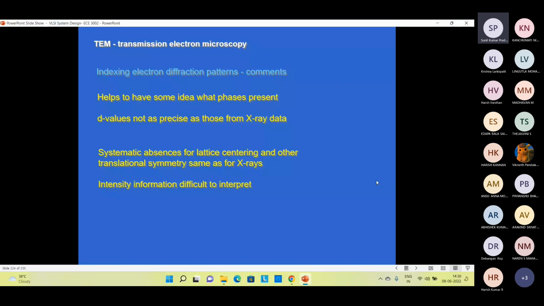Basically, this is helpful to get some idea of what phases are present, and the d value, the interplanar distance. We can also determine the systematic absence of lattice centering, and the intensity, but the intensity information is actually difficult to interpret.